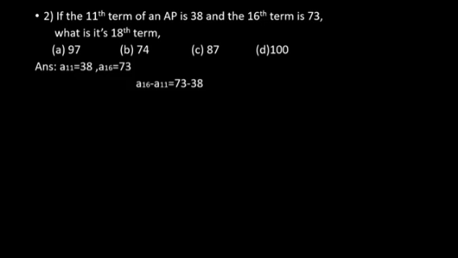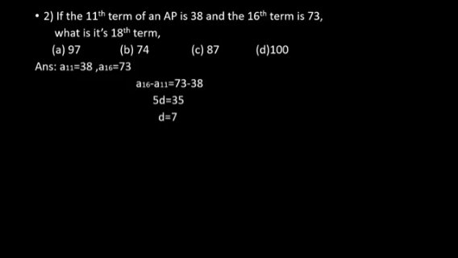If you take A plus 15D, A cancels, you will get again 5D. So it's an easy way to do. 16 minus 11 you will get 5. 5D is equal to 73 minus 38, we will get 35. Now by dividing this we will get D is equal to 7.